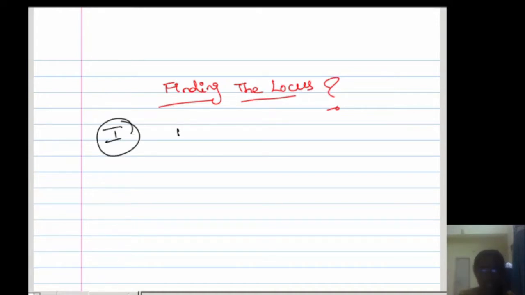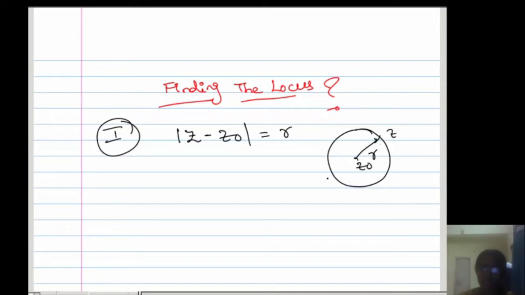If the given equation is in the form mod z minus z naught is equal to r, it represents the equation of a circle having center z naught and radius r.